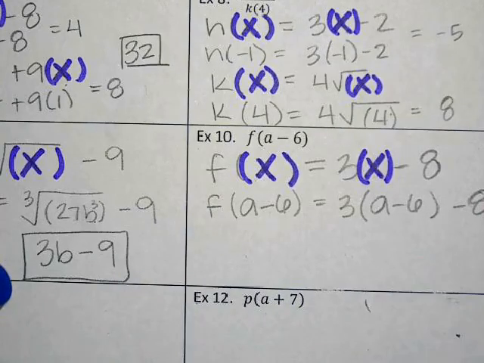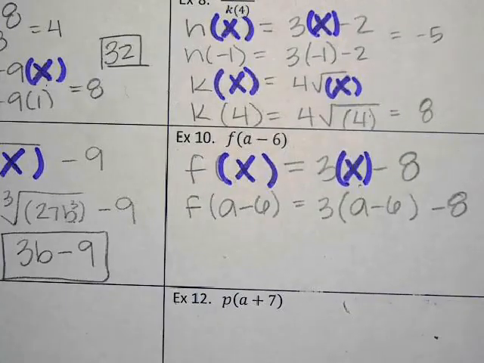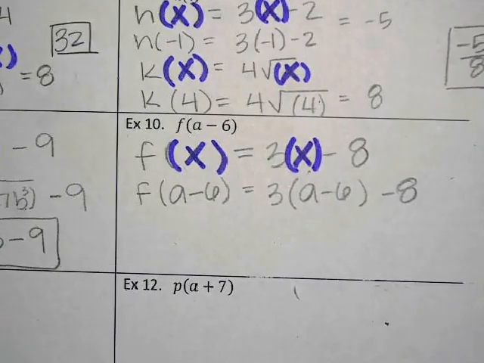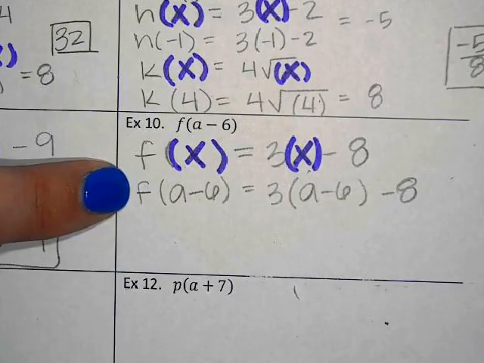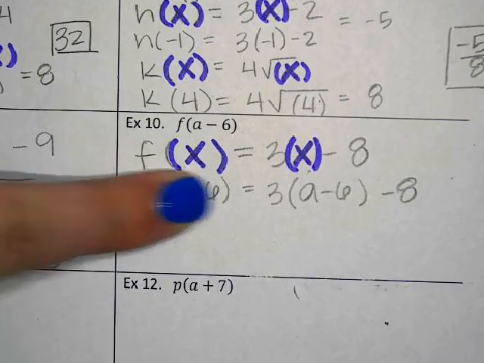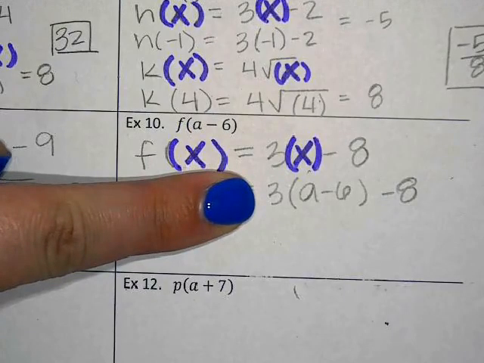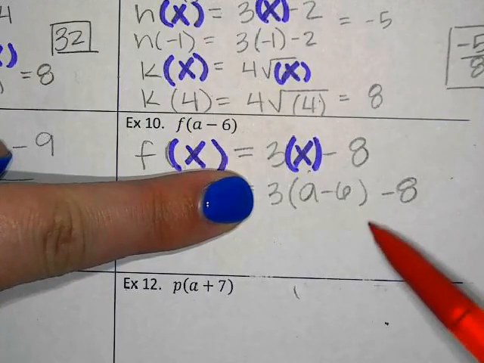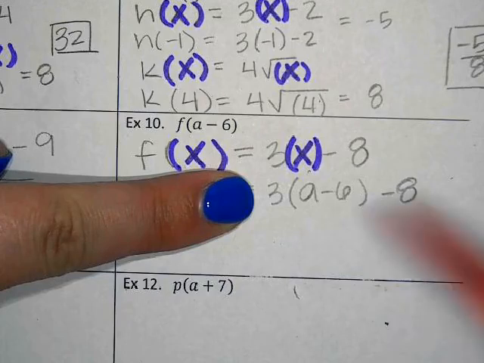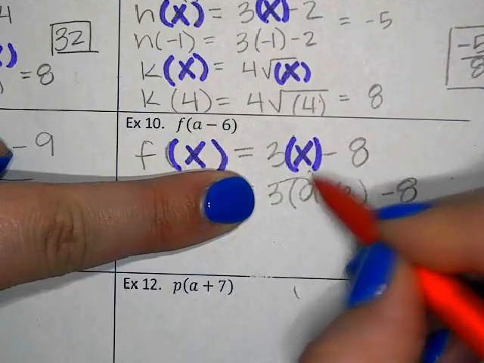And I'm going to ignore this. This is just the special notation. And if we have a set of parentheses with a 3 in front of it, what do we do with the 3? We distribute the 3. And what does that give us? 3a minus 18.